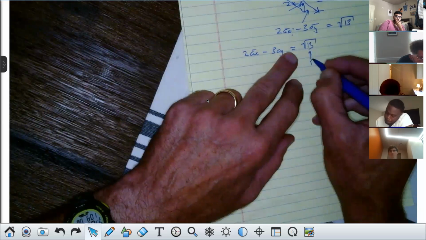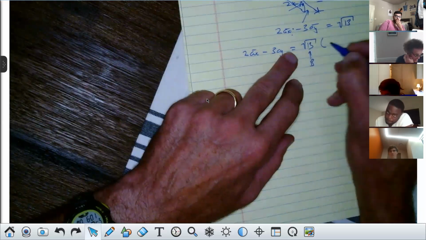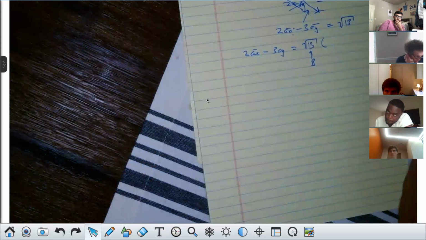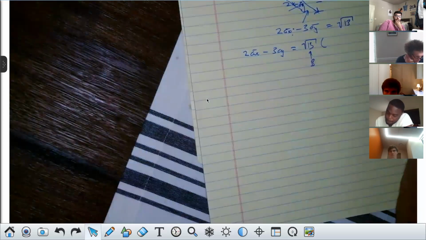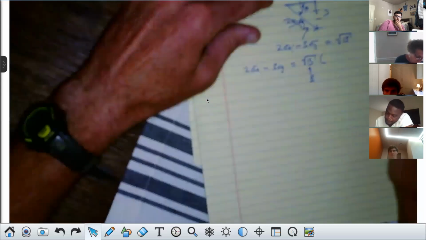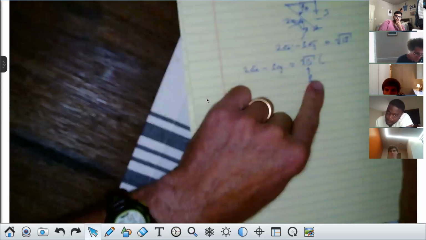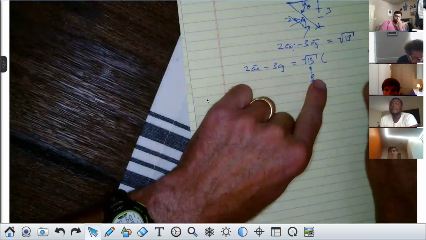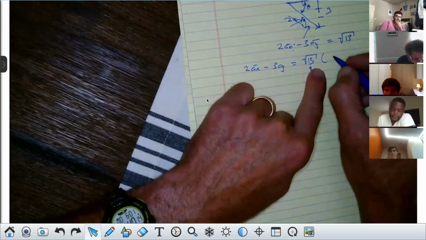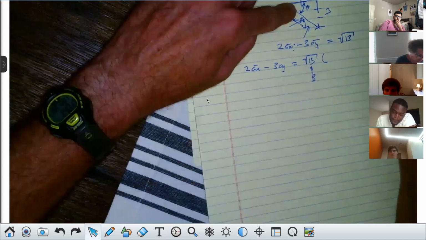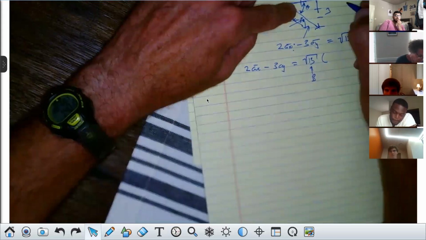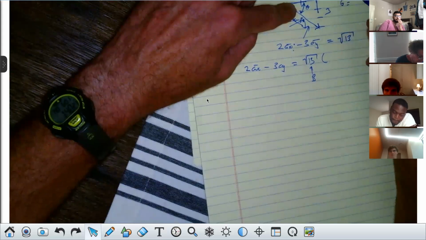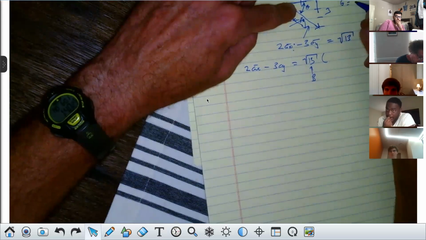Square root of 13 is beta. And so this angle theta would be equal to tan minus 1 of 3 over 2.